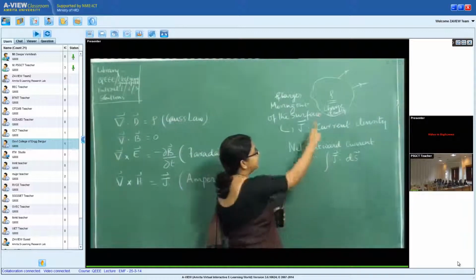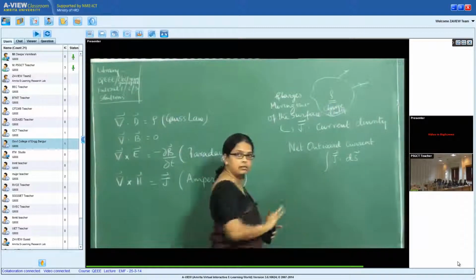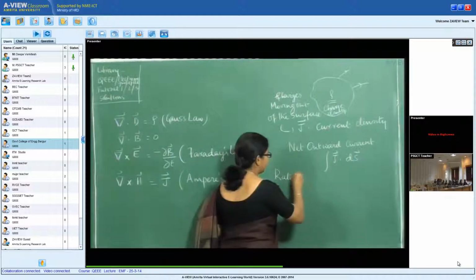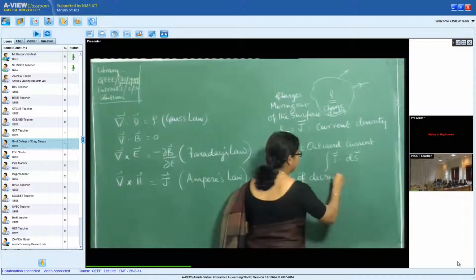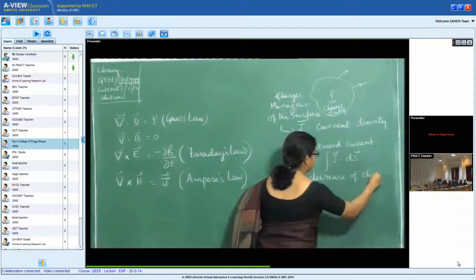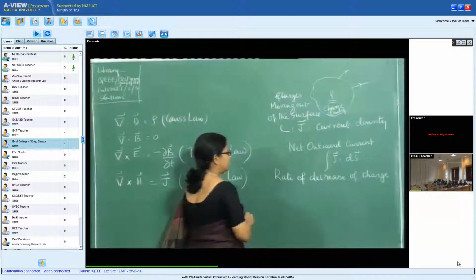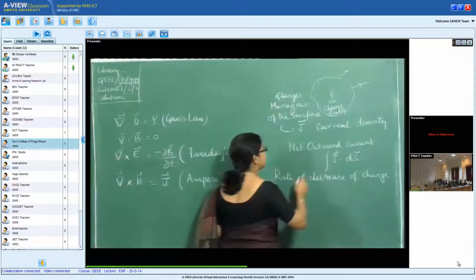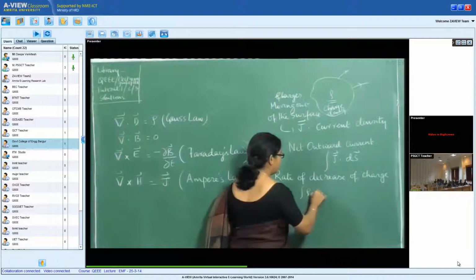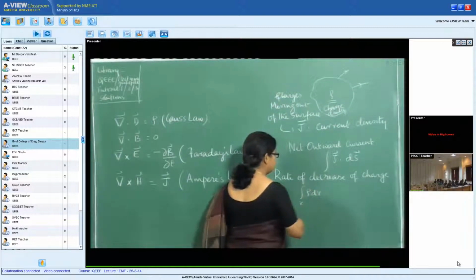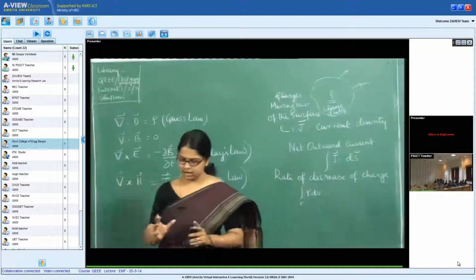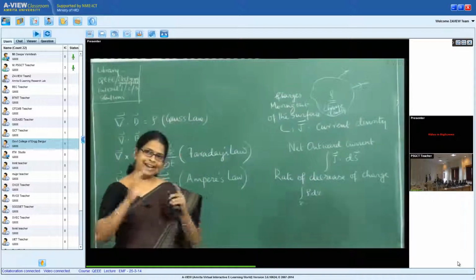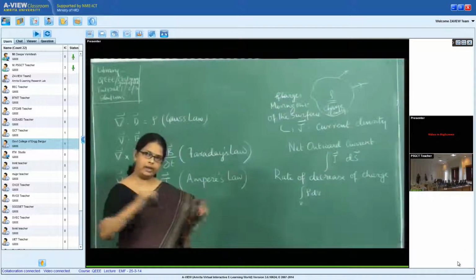This current is coming from the fact that the charges are moving out, which means the rate of decrease of charge. So if the charge density is rho, the total charge would be the volume integral of rho dV, that would be the total charge contained in that volume, and now part of that charge is moving out.